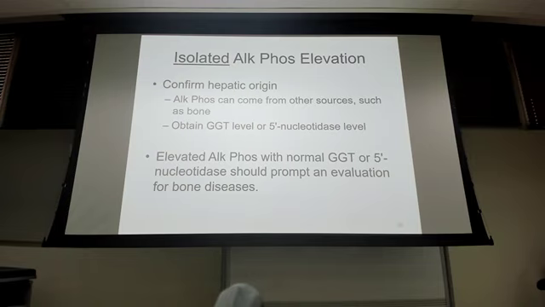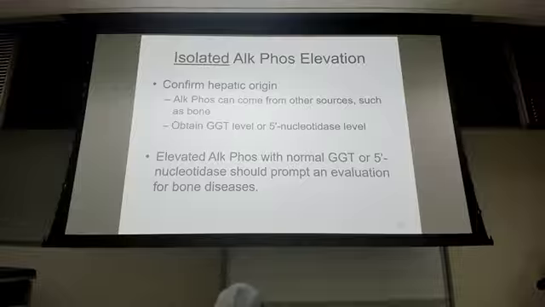So with isolated alk phos elevation, when it's up, you need to confirm, is it from the liver? So what do you get? Once again, just like we discussed earlier, get your GGT. Sensitive but not specific. Also draw the 5-nucleotidase. It's basically a liver enzyme that helps with the metabolism of nucleotides.